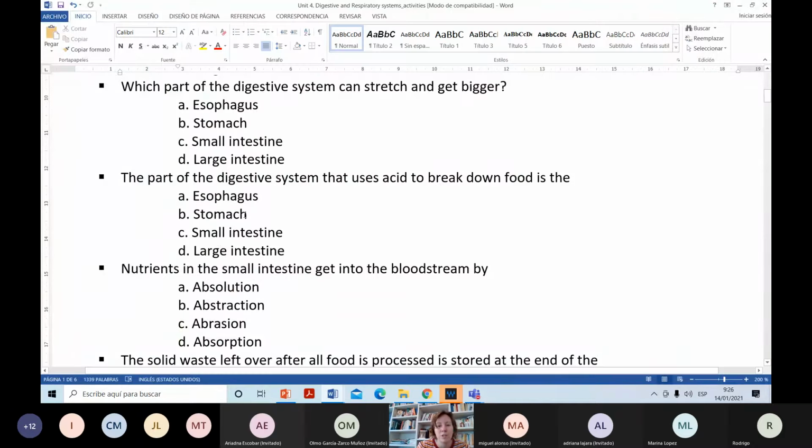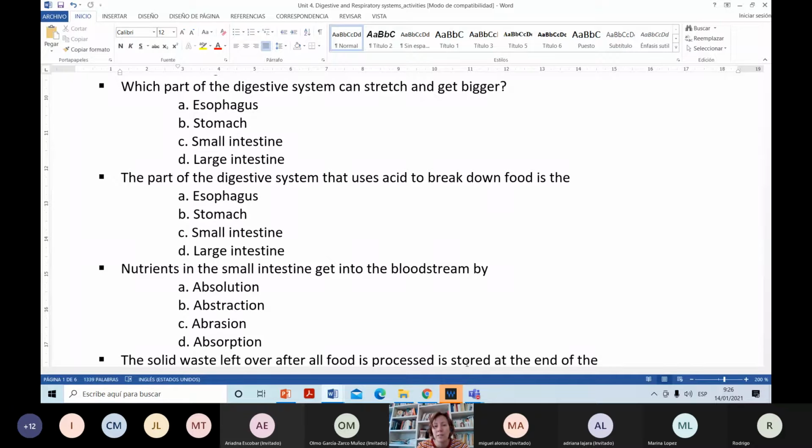The stomach uses the acid in what we call the gastric juices. The gastric juices contain this acid that is very important for three different reasons. The first one is that it is going to kill dangerous bacteria that could be included in my food. The second one is that it is going to help dissolve my food, transforming it into liquid, the famous chyme.